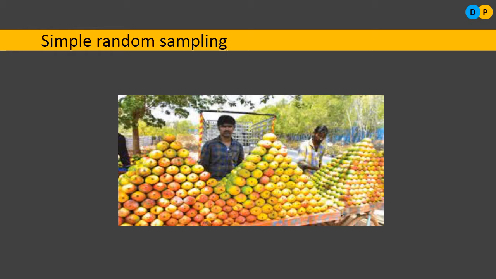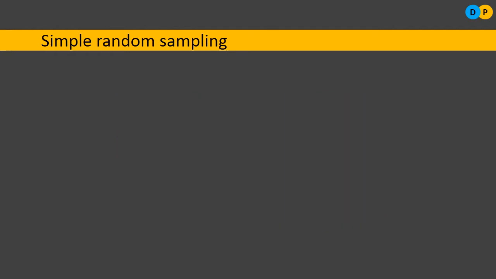From the population we will be considering a sample. How are we considering the sample? The units are chosen randomly here, and that's why it is referred to as simple random sampling. So what do we need to study here? In order to conduct simple random sampling, do we have to consider any particular theory or technique? No such technique.